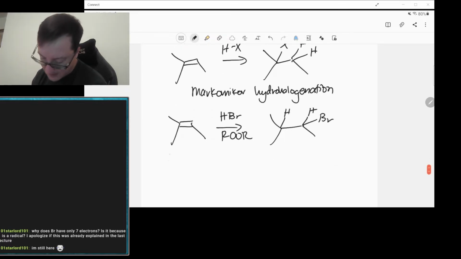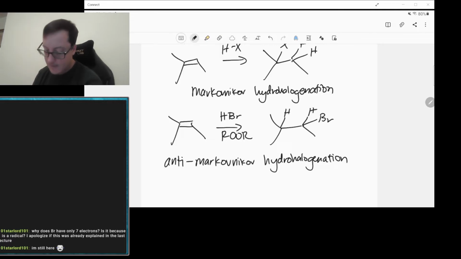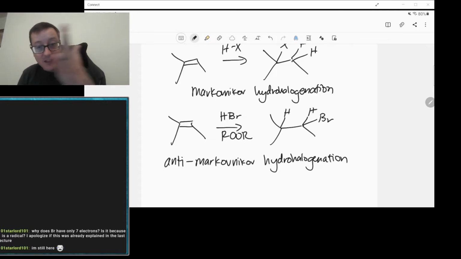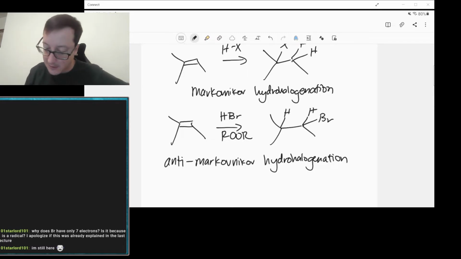This is an anti-Markovnikov hydrohalogenation. So we end up with the product on the other side, the less substituted side.